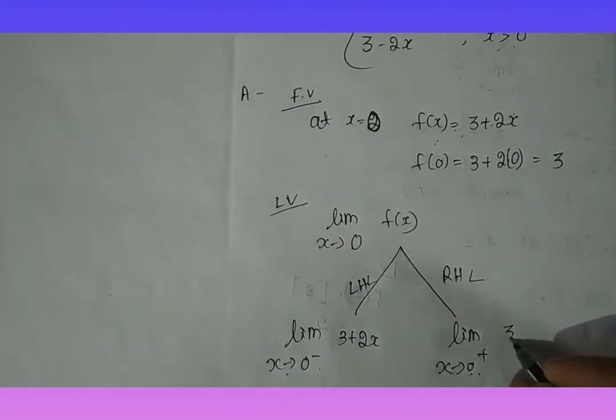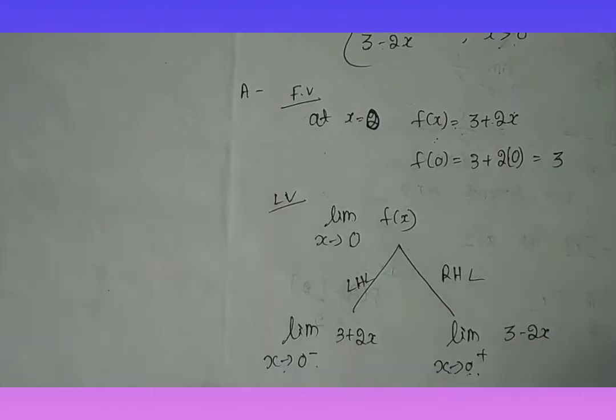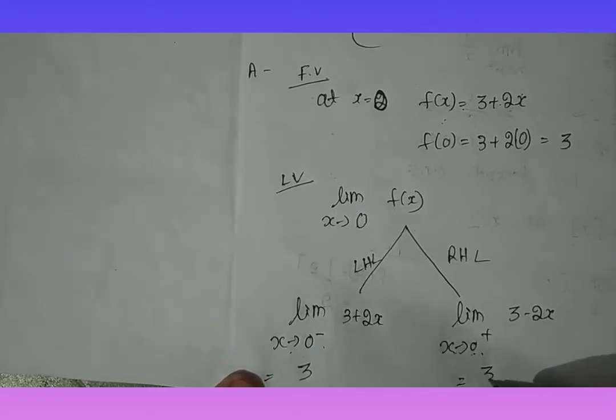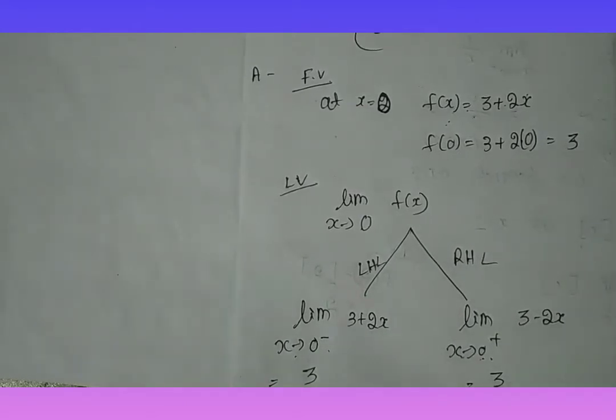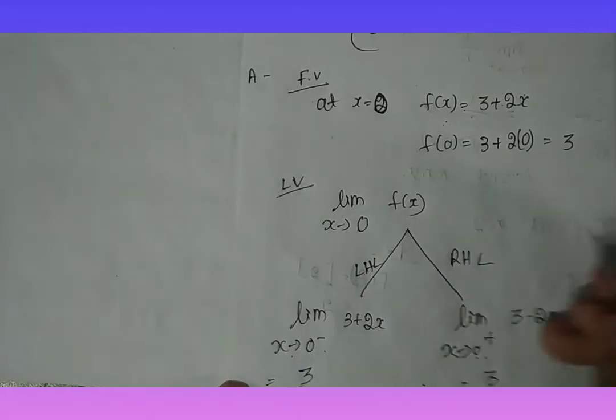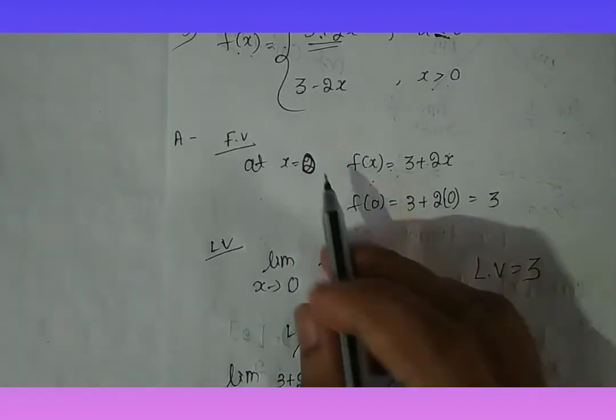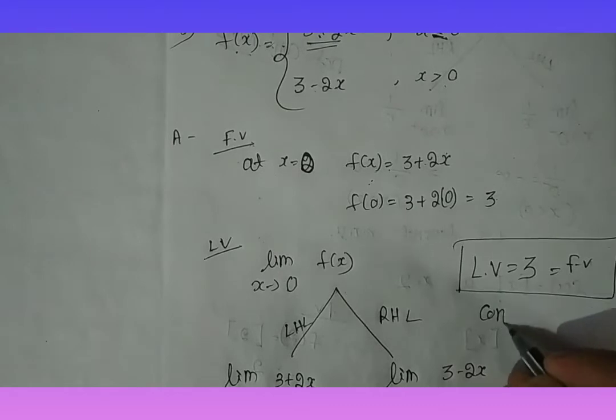This is 3 minus 2x. Now put x equal to 0. From here we will get the value 3. From here also you will get the value 3. And both are equal. Hence the limiting value is equal to 3, and the function value is also 3. This is equal to the functional value. That means it is a continuous graph.